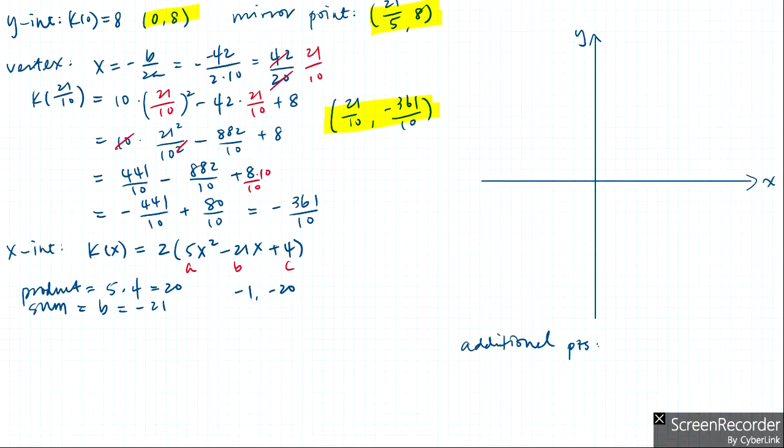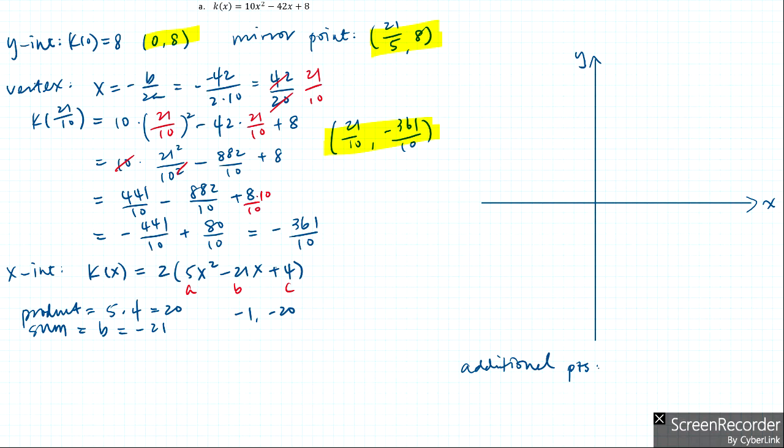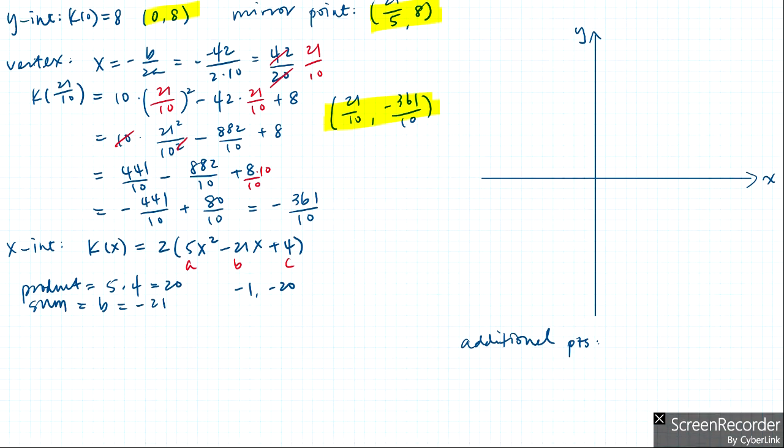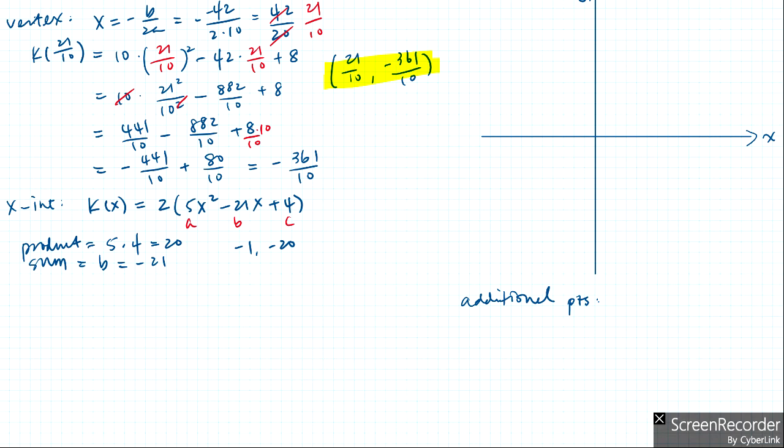Once we have this information, I'm going to rewrite the original part inside the parentheses with the new linear coefficients. So instead of starting from k of x, I'm just going to use 5x squared minus 21x plus 4. Just focus on that. And that's equal to 5x squared minus 1x minus 20x plus 4.